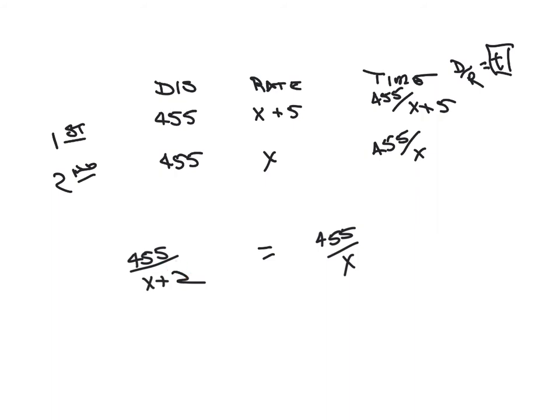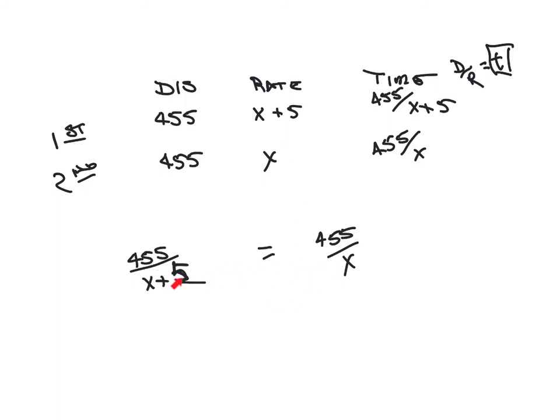That's a 5. The times are not equal because this first family gets there a half hour sooner than the other family. If they're getting there sooner because they're going 5 miles an hour faster, the times are not equal.